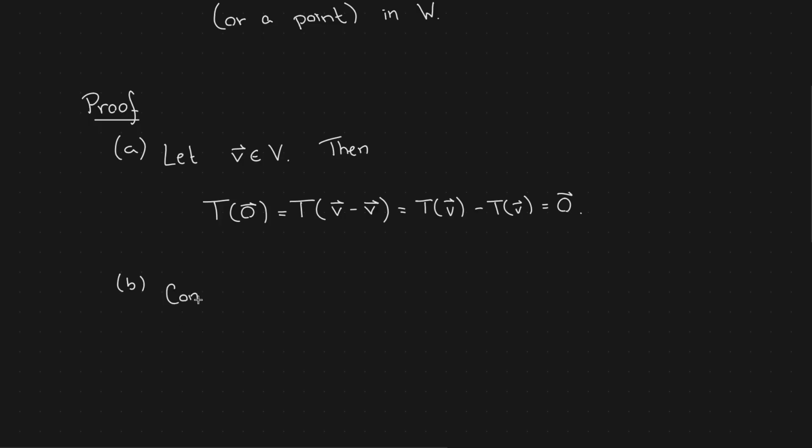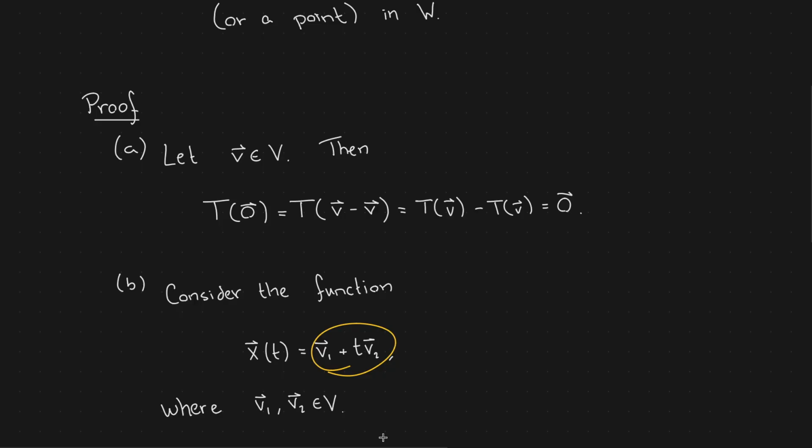So consider the function x of t, which is equal to v1 plus t v2, where v1 and v2 are in the domain V. Now remember that generally this is how we express a line in vector form in any specific vector space.